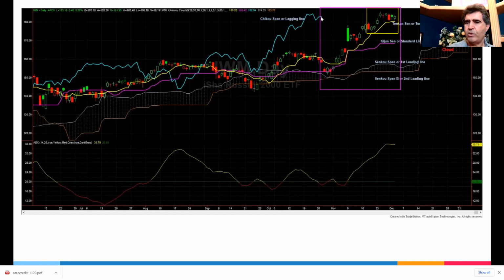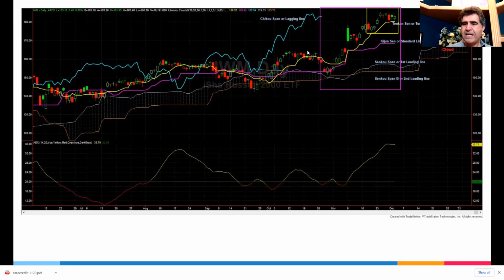So this candle would have been representing this one. It just goes back, and all it tells us is where we have been and where we are now compared to where we have been. So this price compared to 26 bars ago, we are way ahead of where we were. That tells us there's good momentum going.